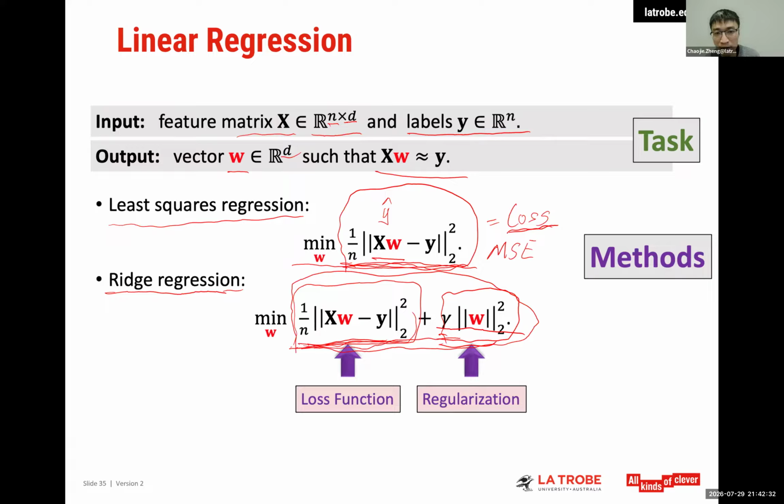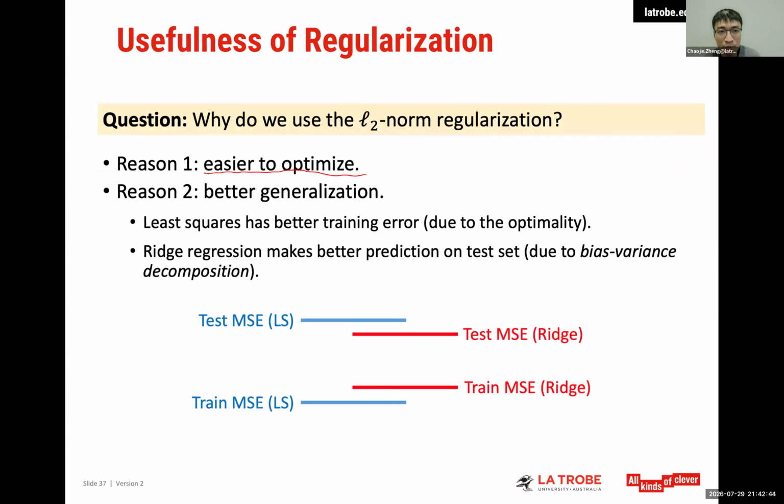Combining these two, the entire equation is well behaved and guaranteed to have a unique solution, so it has analytical solutions. That's why it is easier to optimize. We don't need to use the gradient descent method to slowly update the W vector to reach the minimum of the objective function. So that's reason one.